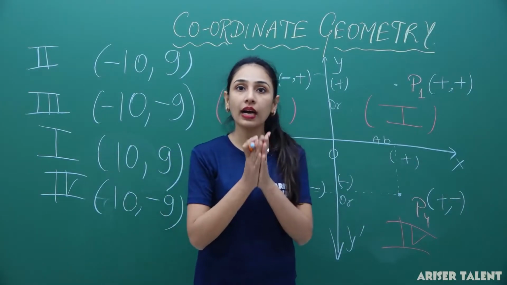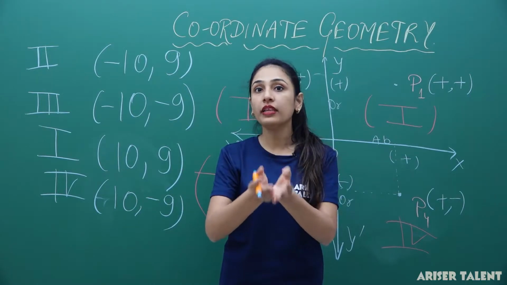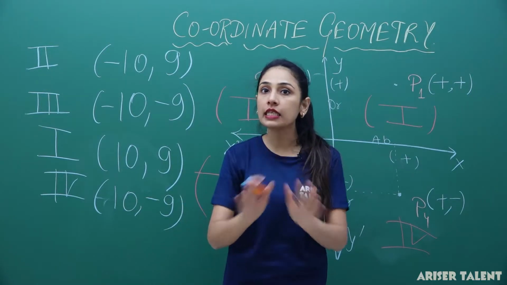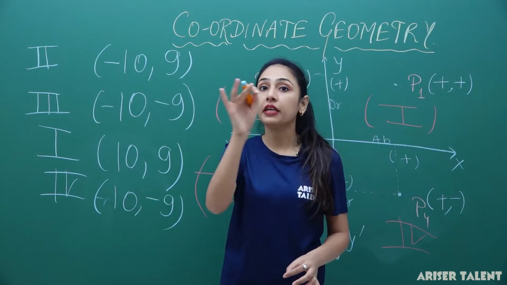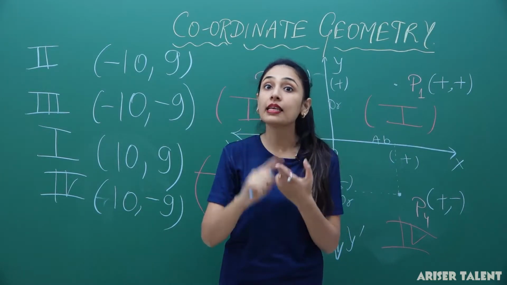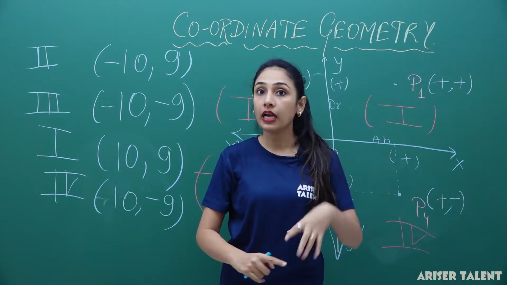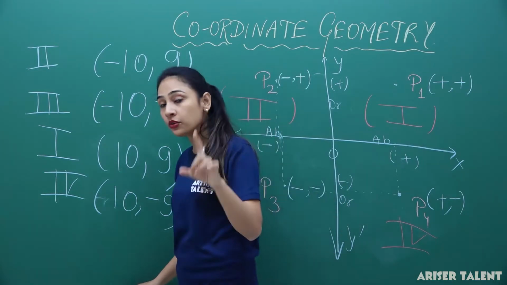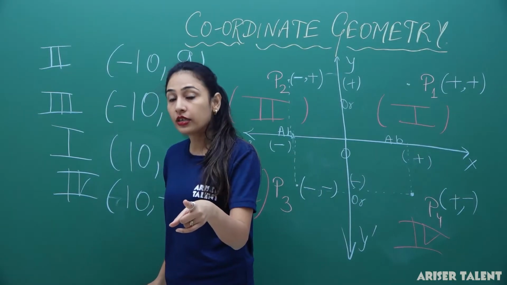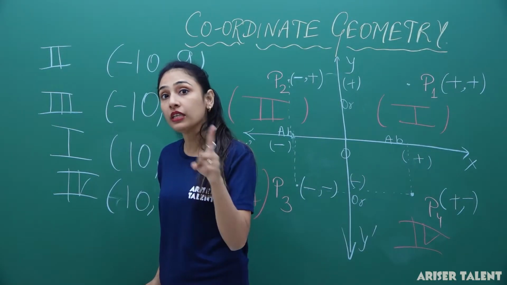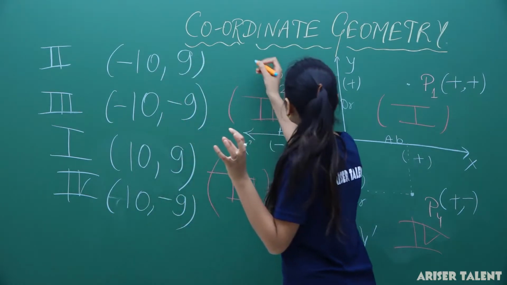So, if you are just looking at the coordinates of the given points, you can easily identify in which compartment it will lie by the sign of abscissa and ordinate. By the sign of abscissa and ordinate. Mind these words: you are going to say abscissa for the x-axis coordinate and ordinate for the y-axis coordinate, and that will be very precise.